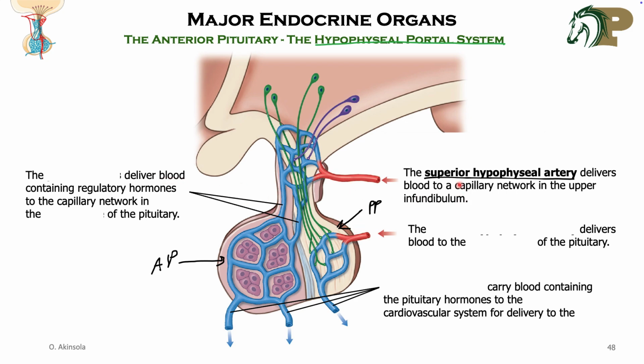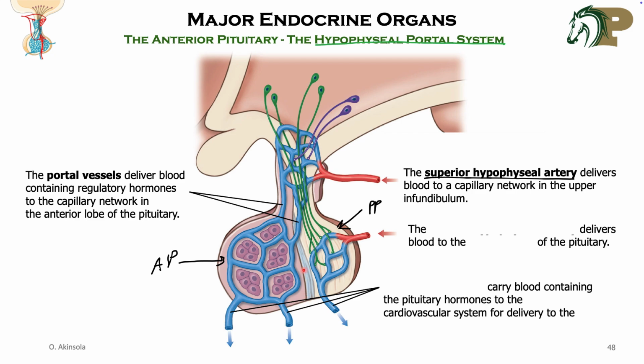We're going to go over here first. So superior hypophyseal artery, infundibulum. And then if you look over here, we have all of these blue vessels. So this is a venous system. And the portal vessels, which are pictured over here, will deliver blood containing regulatory hormones to the capillary network in the anterior lobe of the pituitary, which is over here.